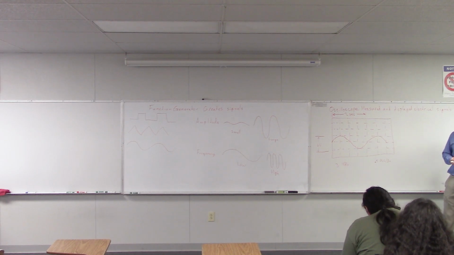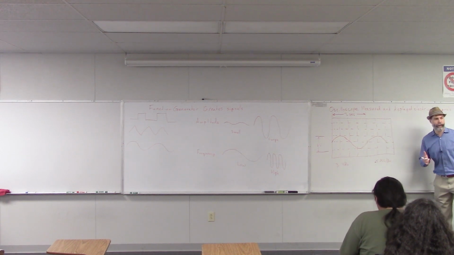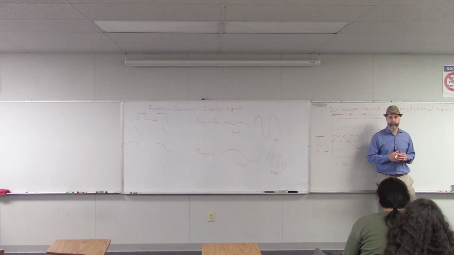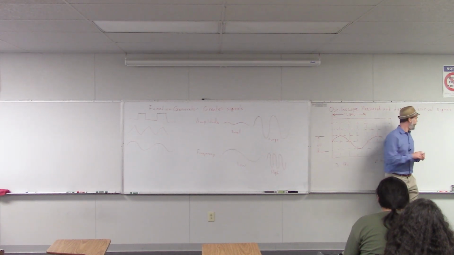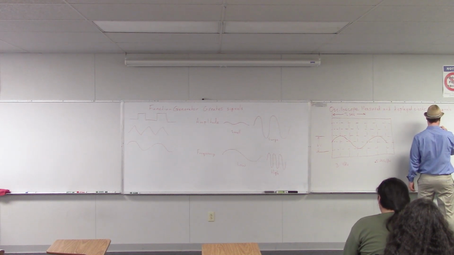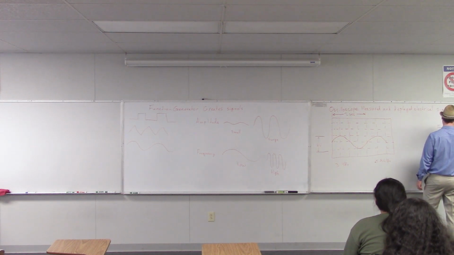And we said that if you know the period, we could use a formula to calculate the frequency. So anybody remember what that formula was? Yeah, 1 over period. So the frequency is 1 divided by the period.